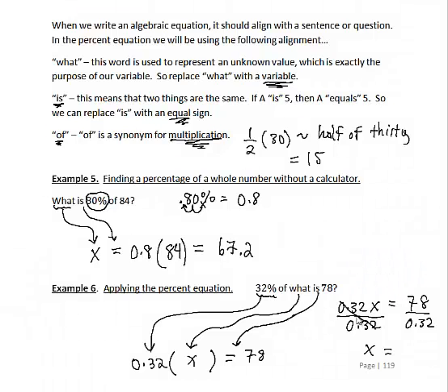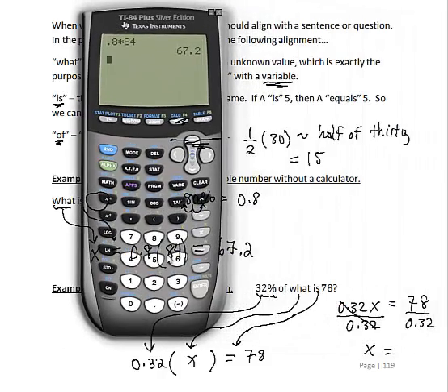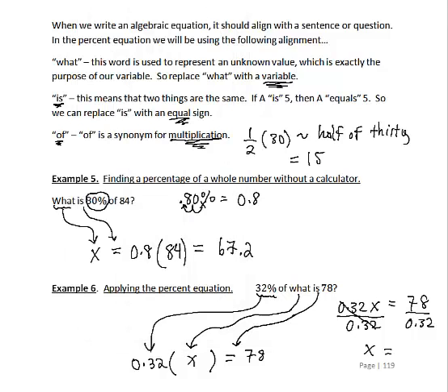That would be quite a bit of work to actually divide out by hand, so we will pull up our calculator. 78 divided by 0.32, 243.75. So we're not always just simply taking the percent and multiplying it by a number.